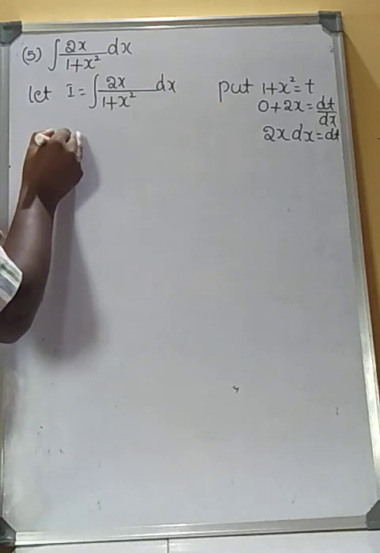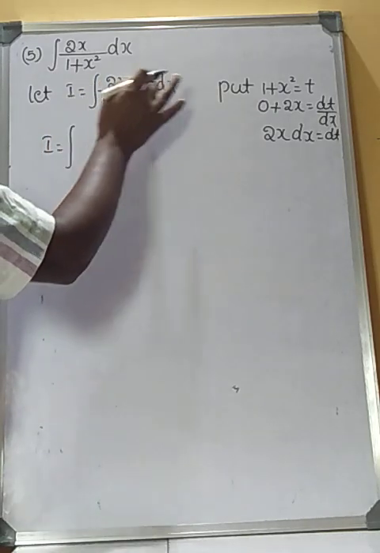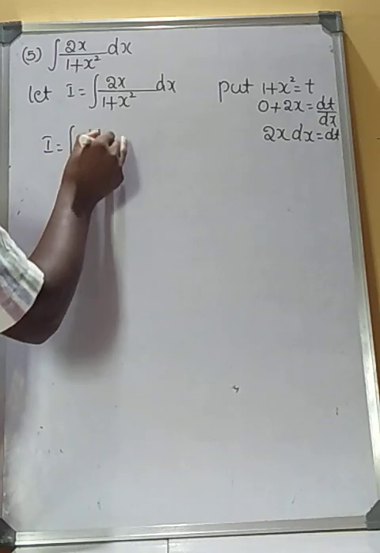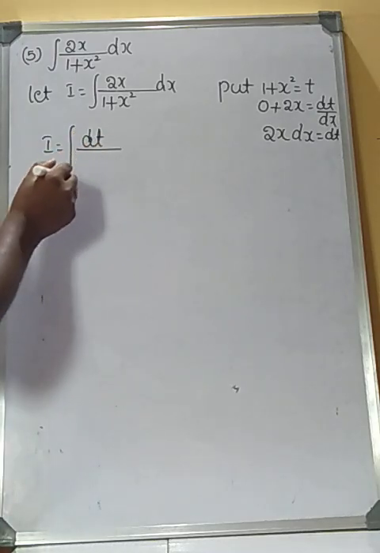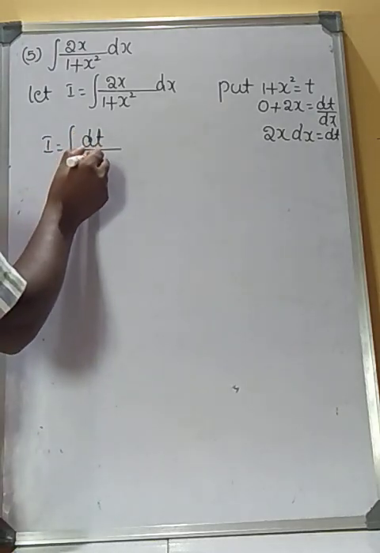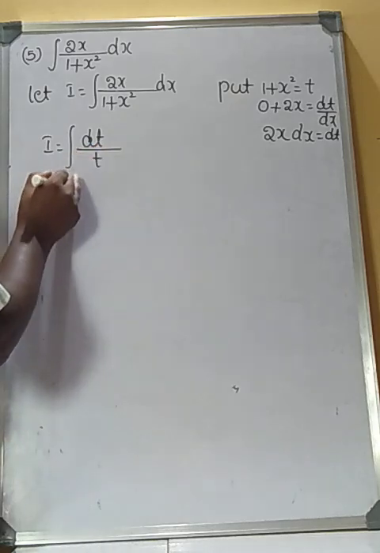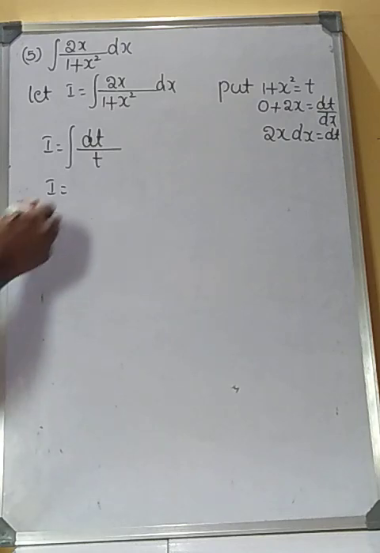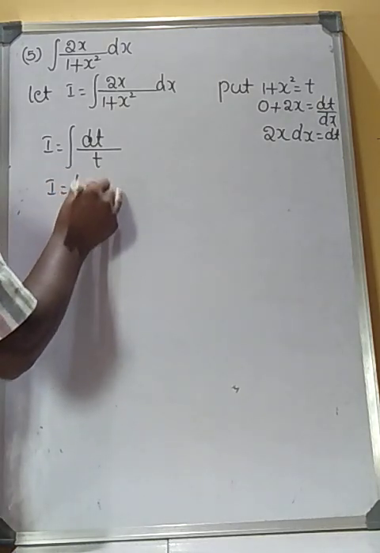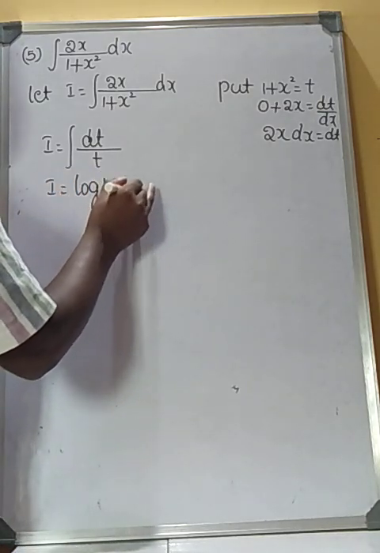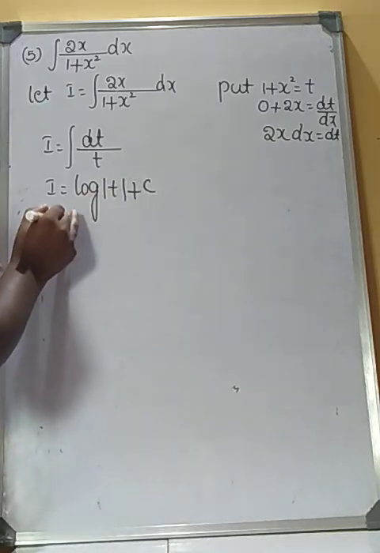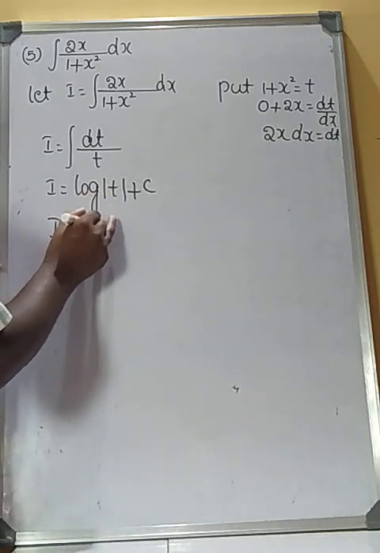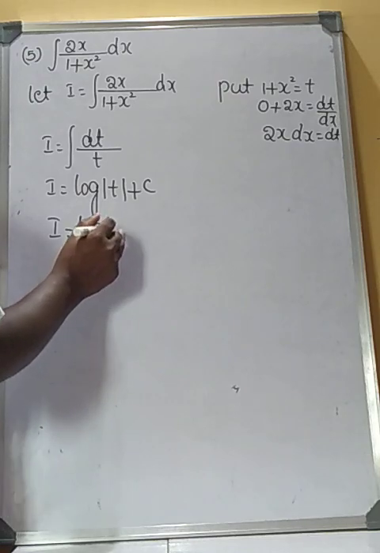Therefore I = ∫ dt/t, where 2x dx is dt and 1 + x² is t. You know the integral of dt/t, or 1/t, is log|t| + c. Therefore I = log|t|.